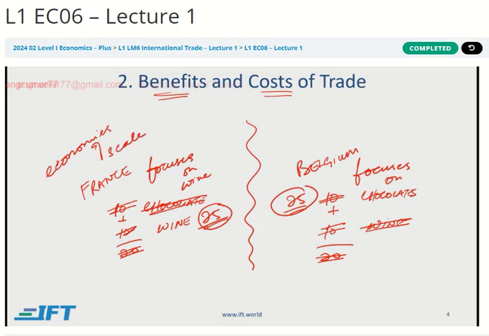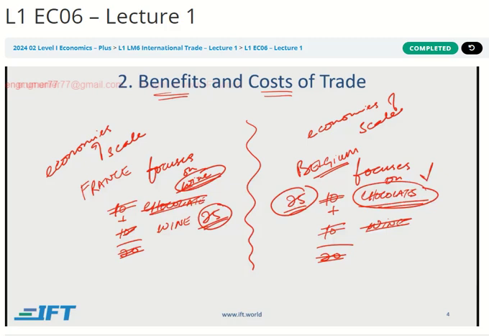So I'm not going to go into the discussion about economies of scale, but there is, however, another point at play here, that maybe there is an environment in Belgium which is more conducive, better for making chocolates, and maybe France has an environment which is better for making wine. Maybe they have cheaper raw material available locally, right? Maybe Belgium has better quality milk available. Maybe France has better quality of grapes available locally within their country.